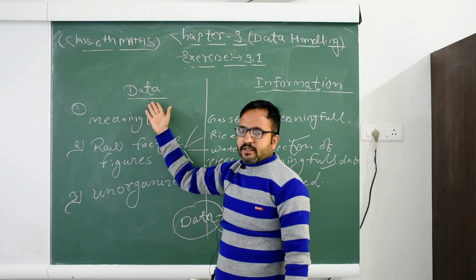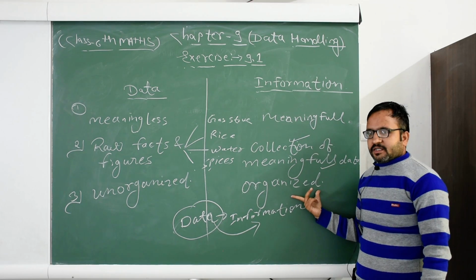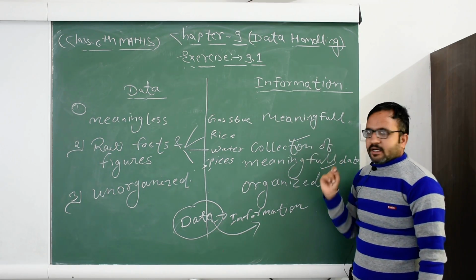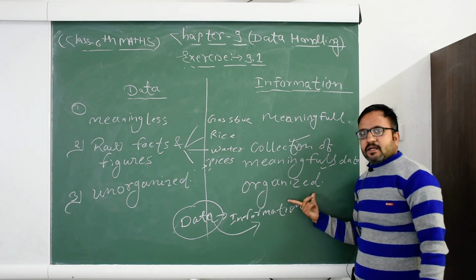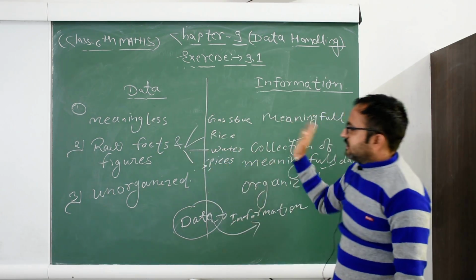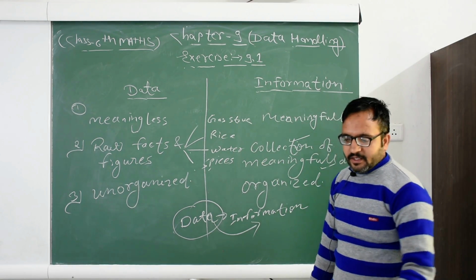Information is an organized collection of different types of data. So this is the basic difference between data and information, okay.